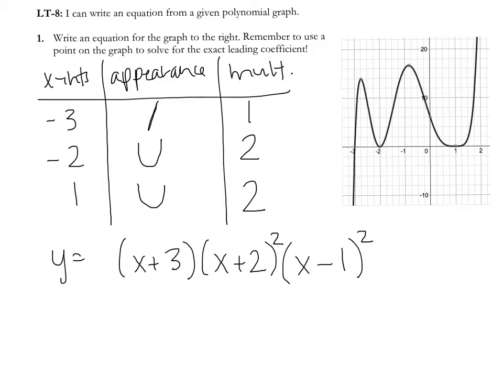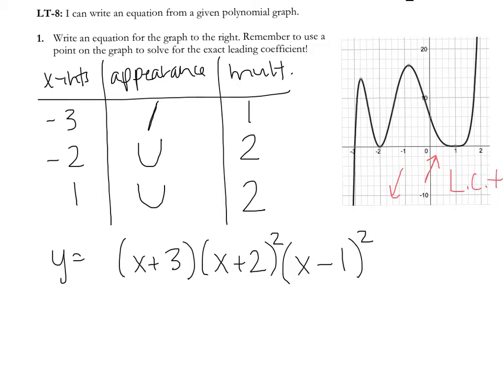Now, looking at the graph, we should be able to at least determine whether the leading coefficient is positive or negative. If you notice, the end behavior of the graph goes down to the left and up to the right. That end behavior comes from having an odd degree and a positive leading coefficient.